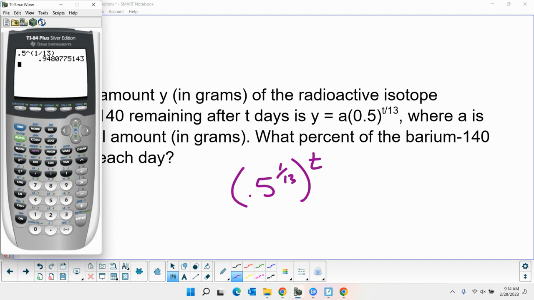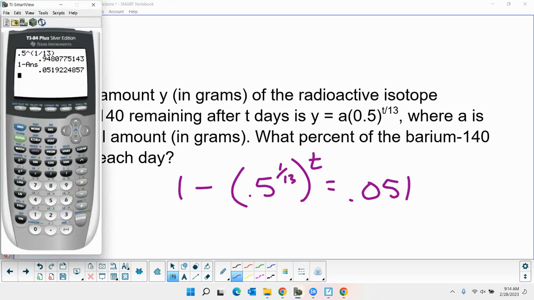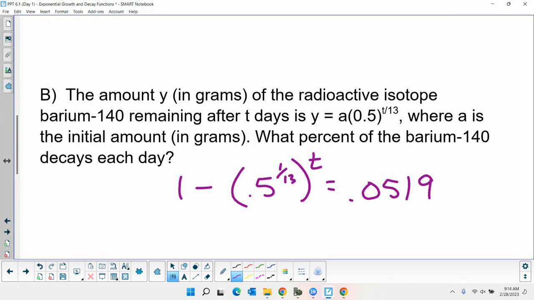And then we're going to go 1 minus that, which is 0.0519. So that's 5.19% decays each day.